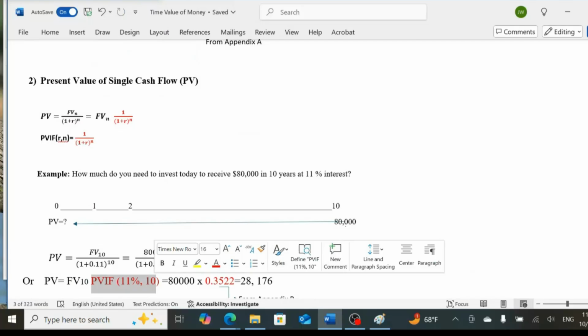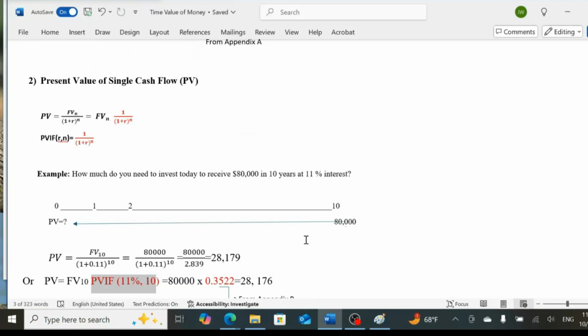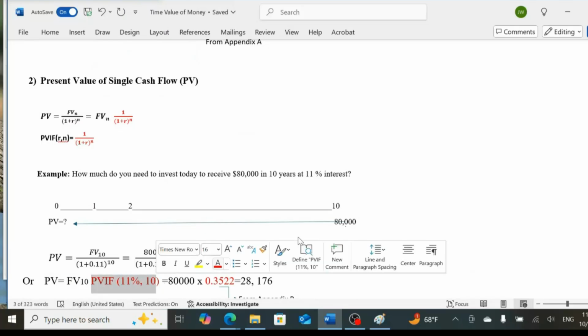You can exchange US dollars to British pounds, and you can exchange British pounds back to US dollars. So of the two exchange rates, one is the inverse of the other. We also have a present value interest factor table. That is Appendix B. We go to the table, look at 11%, 10 periods, and we find it's 0.3522.